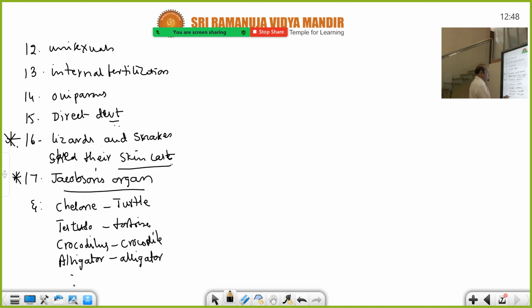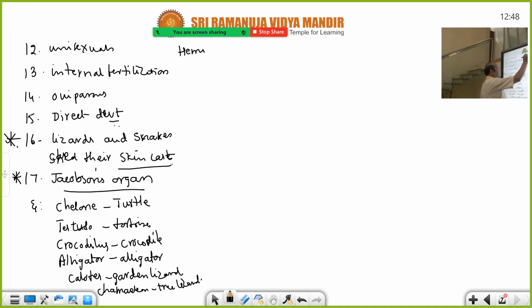And coming to the lizards, Calotes, a garden lizard. Generally it lives in gardens. Chameleon, tree lizard. Hemidactylus, wall lizard. See, one living fossil of reptiles is present in New Zealand, nowhere except New Zealand in the world: Sphenodon. Of course, not there here, just I am mentioning.